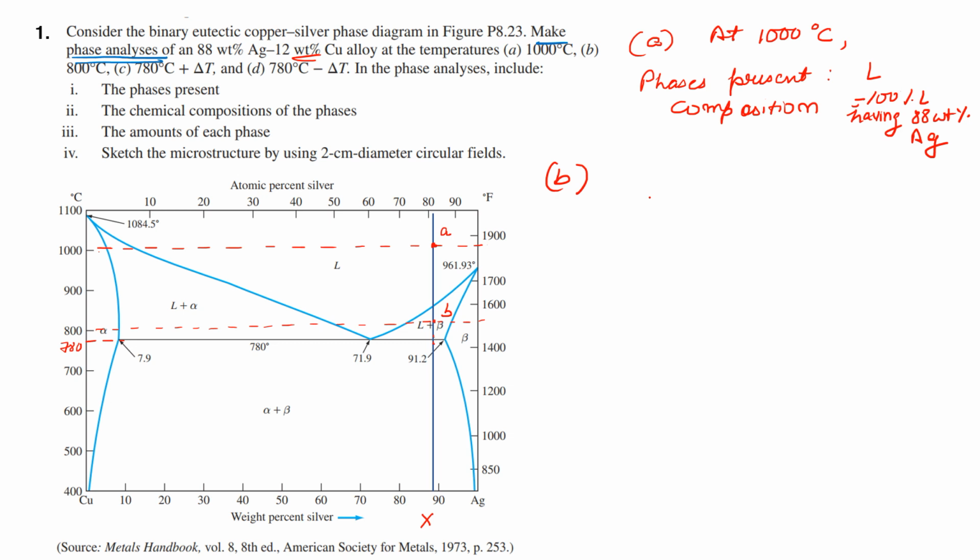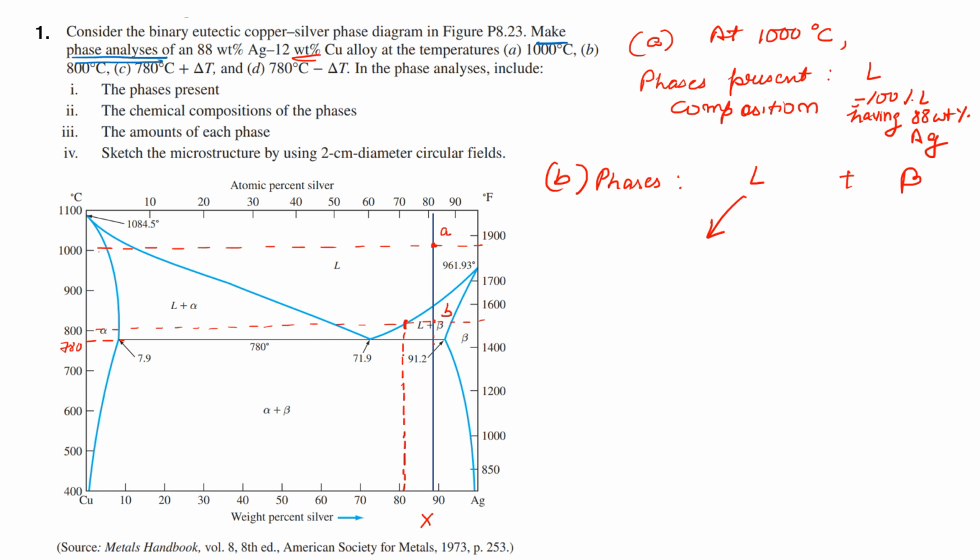At point B, the phases present will be beta and liquid here, because we have a beta-rich phase here. What is the composition of liquid here? The composition of liquid can be given by the intersection with the liquidus here. So if we just drop a vertical, it should be somewhere close to 80.